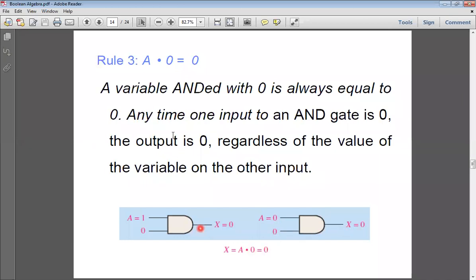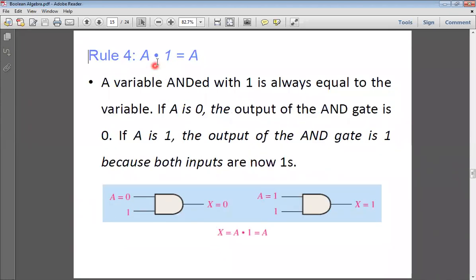So what we can say is, if one of the inputs is 0, no matter what the first variable is, the output will be 0, right? If you fix one input at 0, no matter what the other variable is, the output stays at 0. That's what this rule says. A dot 0 is 0.